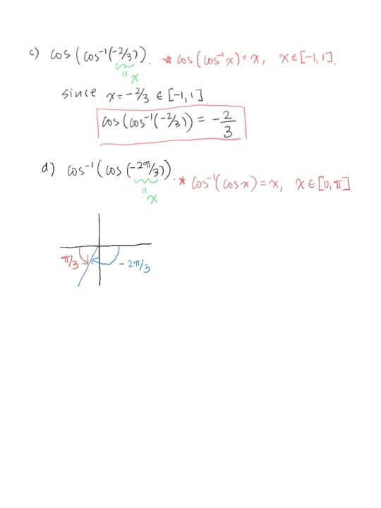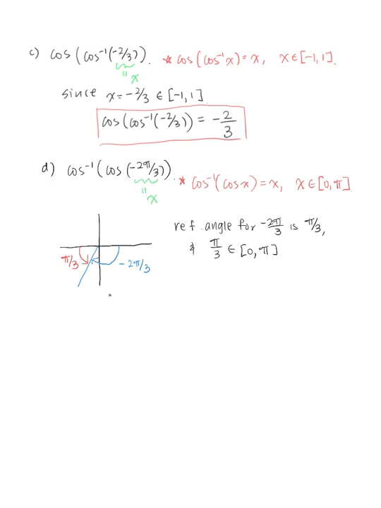And pi over 3 is in fact between 0 and pi. So let me just spell everything out. The reference angle for negative 2 pi over 3 is pi over 3. And pi over 3 is inside of 0 to pi. So we are good to go. We can apply the property now.